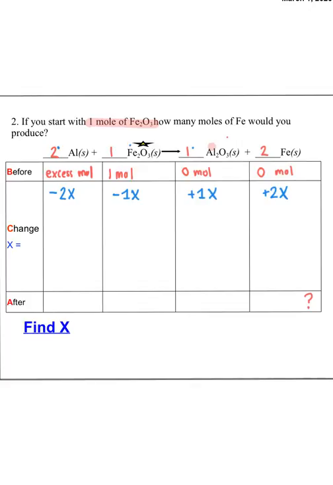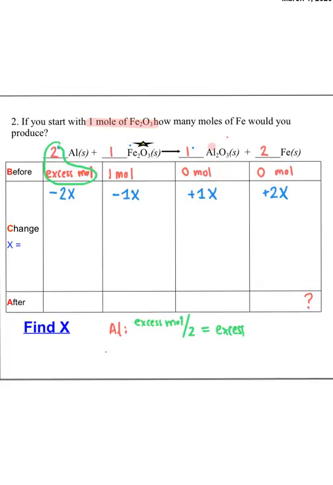Well, now I want to actually plug in X, so we need to find what that is. So down here off to the side, I'm just going to find X. For aluminum, I'm going to take the excess divided by the coefficient. So I have excess moles divided by 2. Well, excess just means I have a lot, so a lot divided by 2 is still a lot.